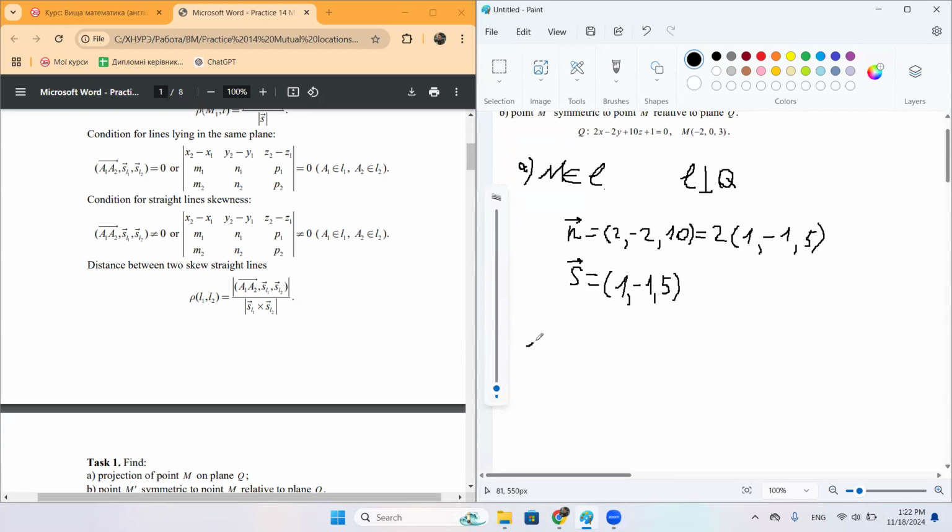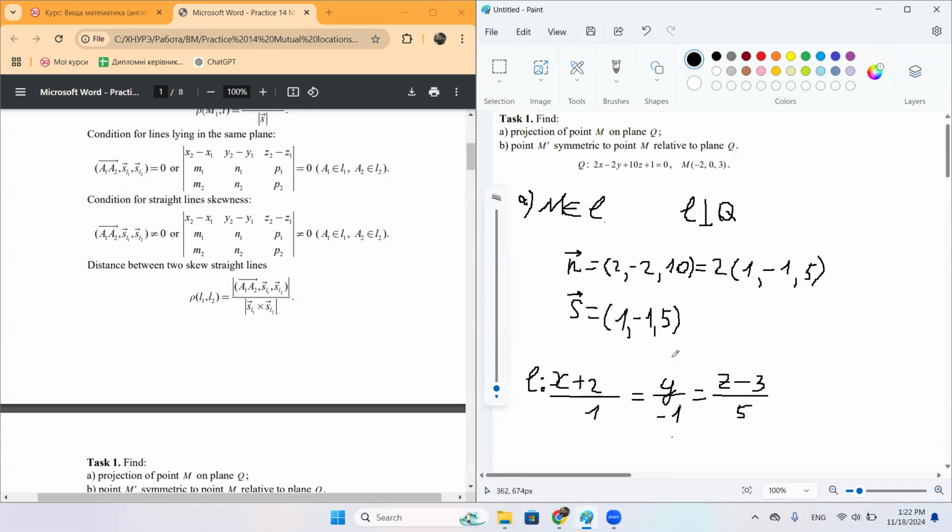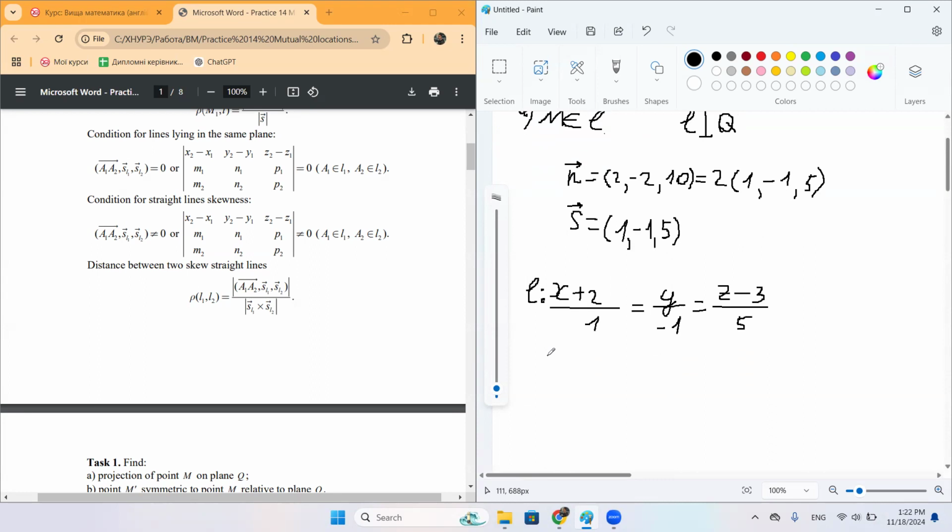And the canonical equation is the following: x plus 2 over 1 equals y over minus 1 equals z minus 3 over 5. So this is the canonical equation. And now we need to transfer to the parametric equation, so it equals t.